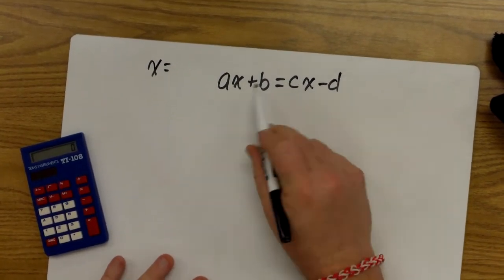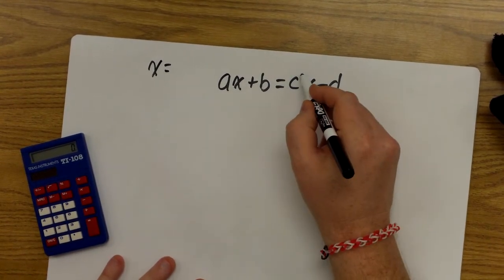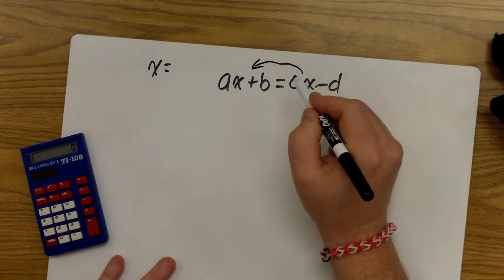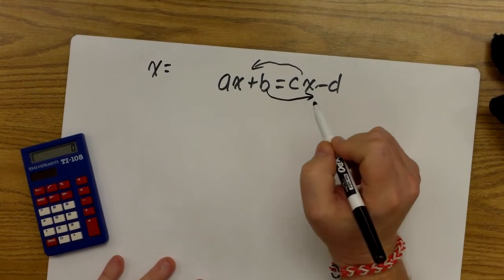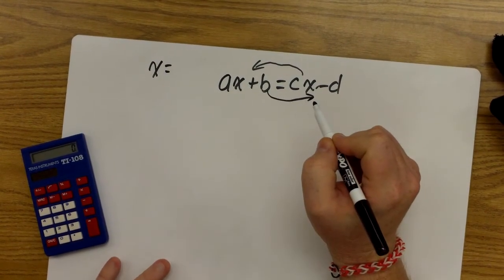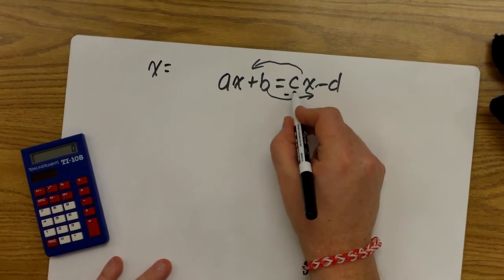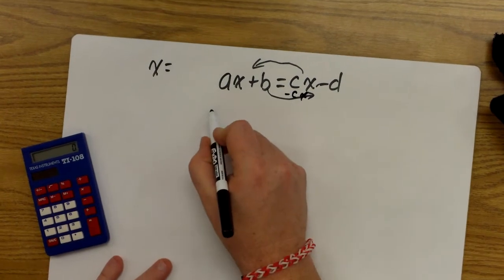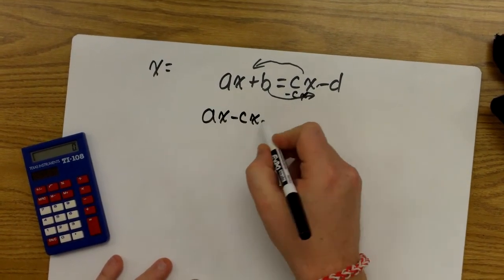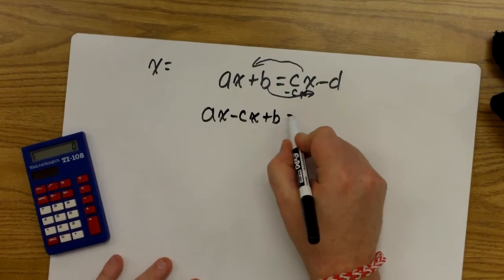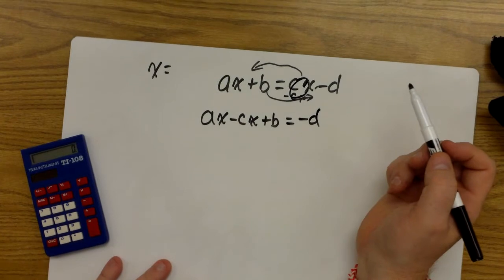Okay, I have X's on both sides, so I need to bring them all to one side. So I'm going to bring my CX over here, and eventually I'm going to take my B and move it this way. Alright, so I'm going to bring my CX over first. It's a positive CX, so I'm going to minus CX. So I'm going to write AX minus CX, and I still had a plus B, is equal to a negative D. All I did was get rid of the CX.